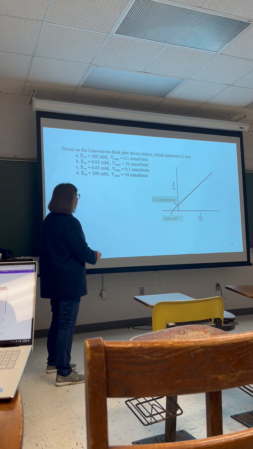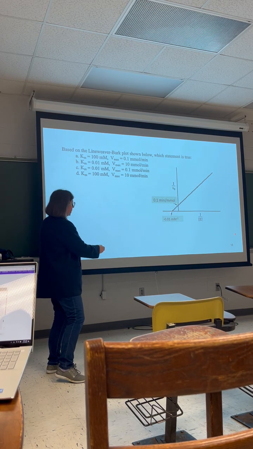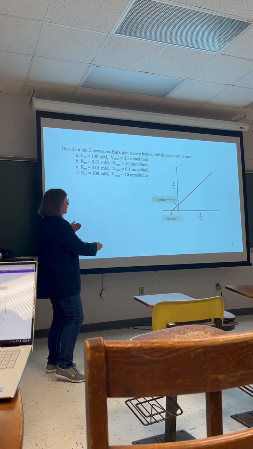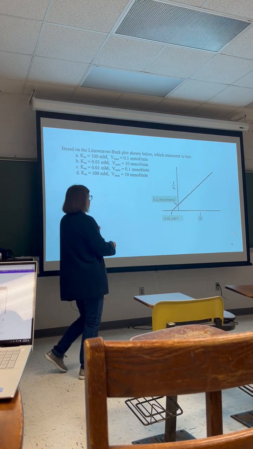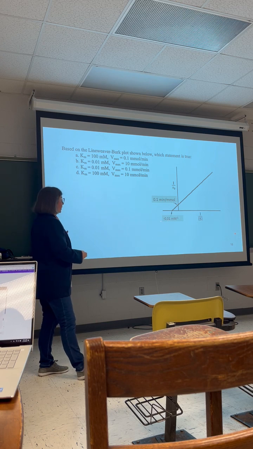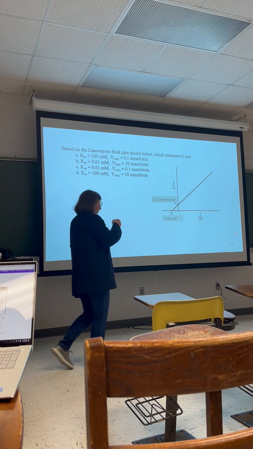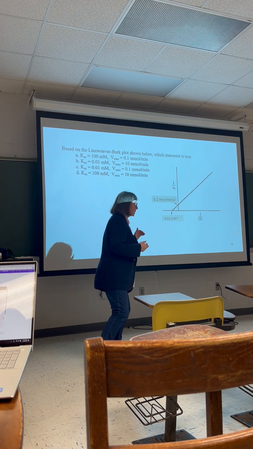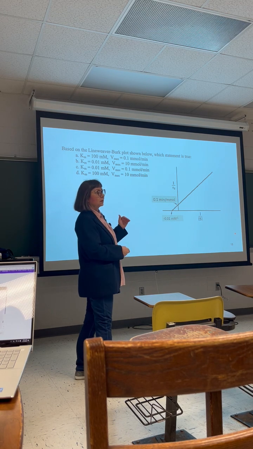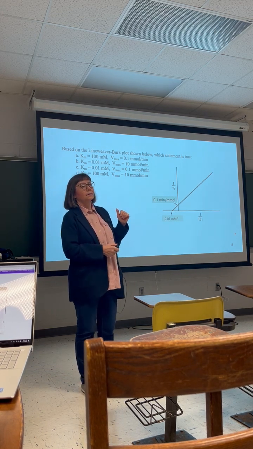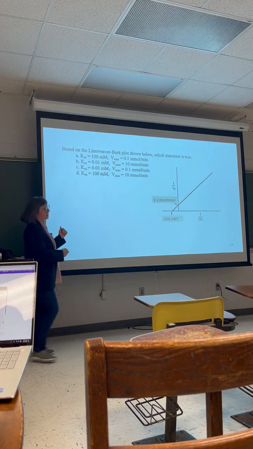Now this one is negative, and because we are dealing with negative numbers, those intercept points will always be negative. This is why that negative will eventually disappear. So 1 over 0.01, which is how much? 100. So D. I really hope that you can do simple calculations like this.